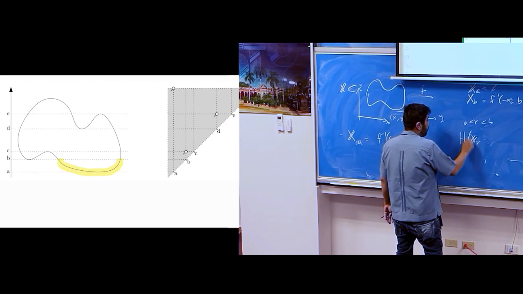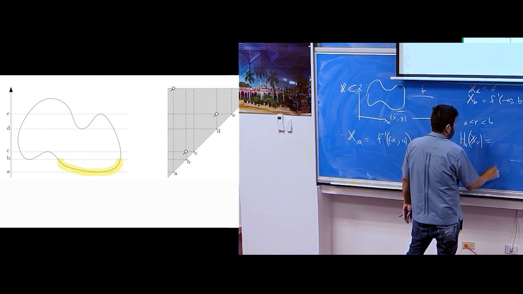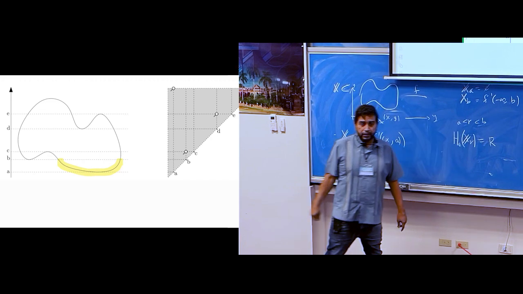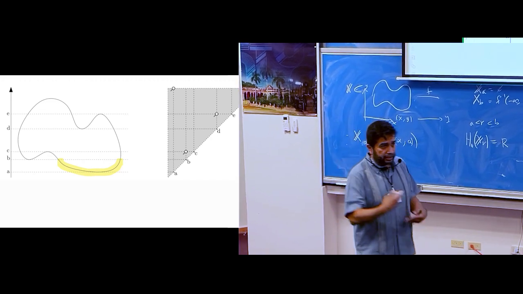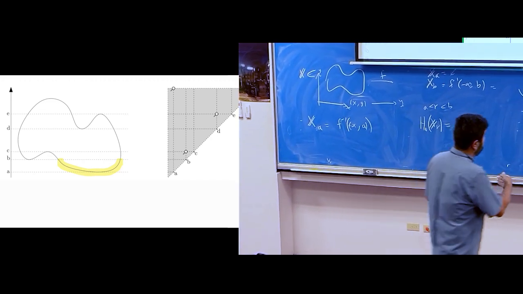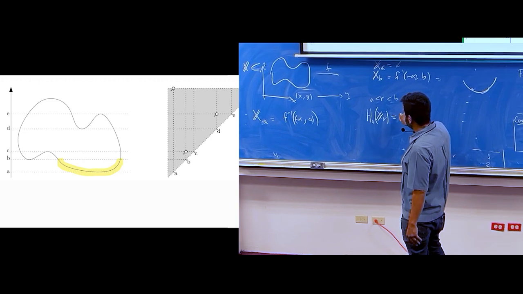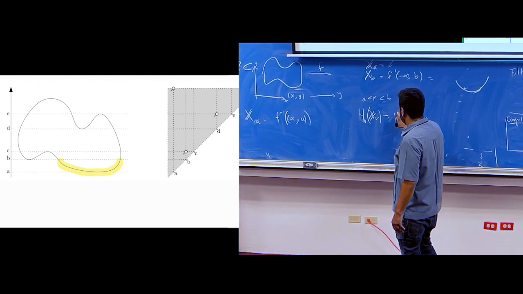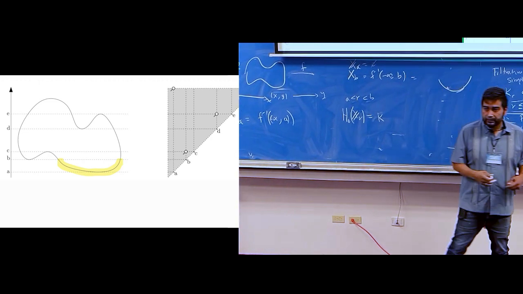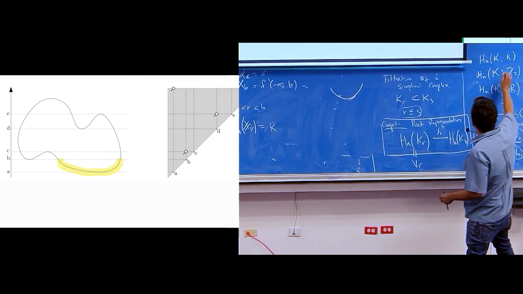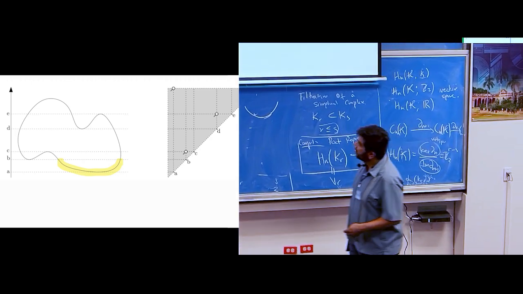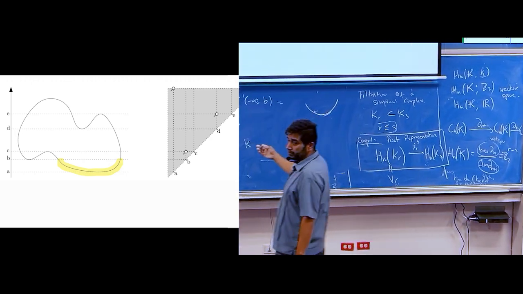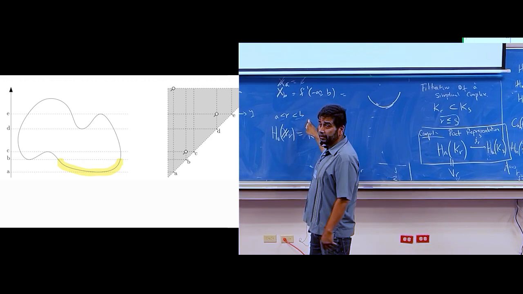So H0 is going to be K, the field. It's just one-dimensional for every R between A and B.